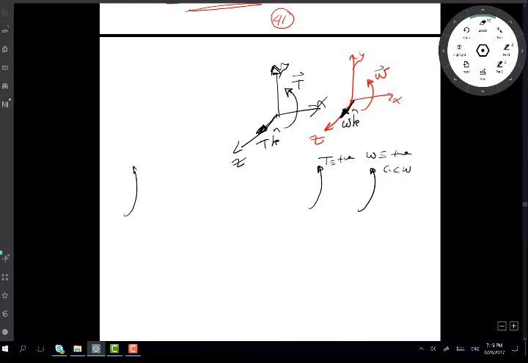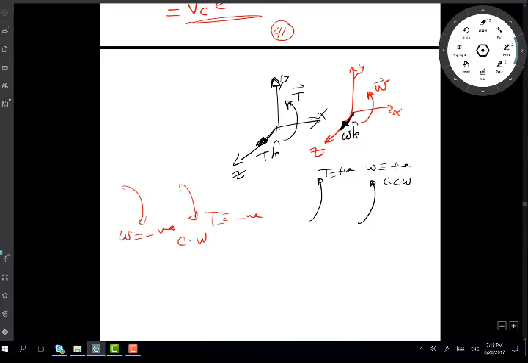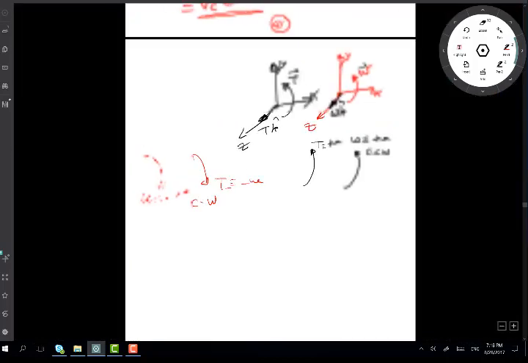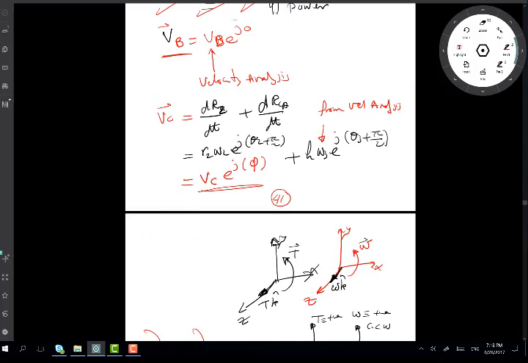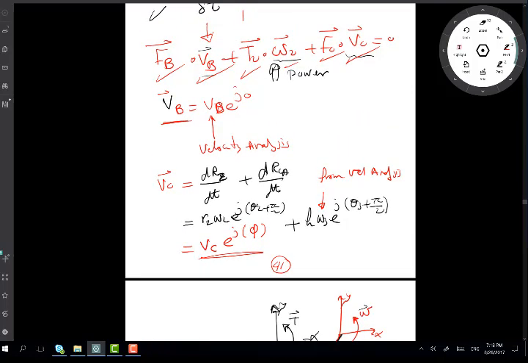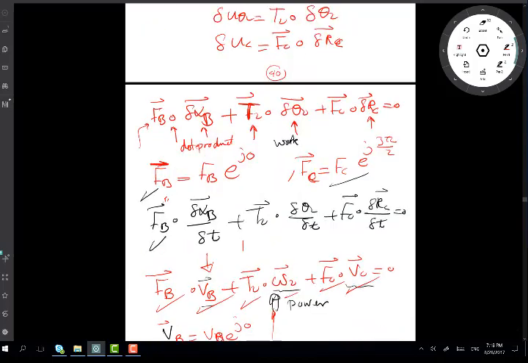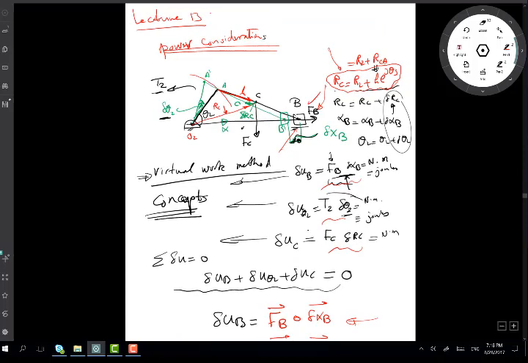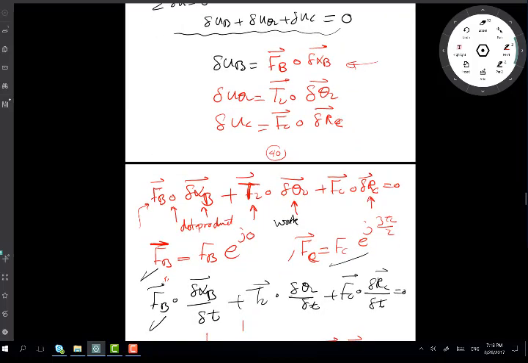The opposite applies if they are going clockwise: T is negative and omega is also negative. That's how I substitute them in my expression for the virtual work or virtual power, using either positive or negative values. In my example here, this torque is positive simply because it's counterclockwise, and omega 2 is positive as well.